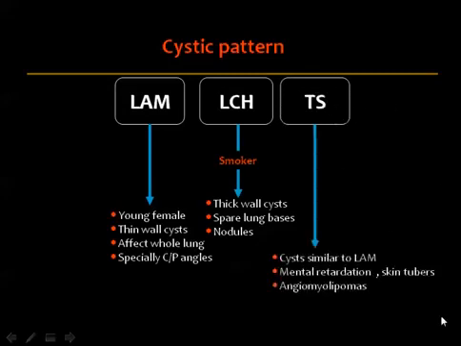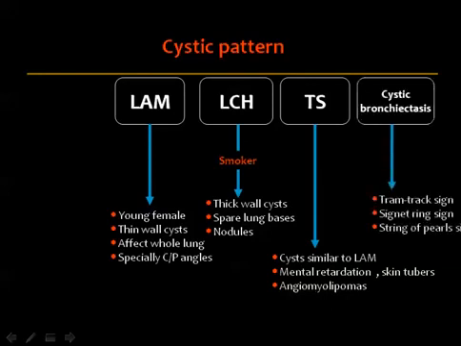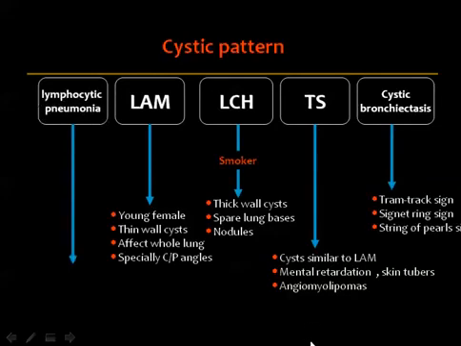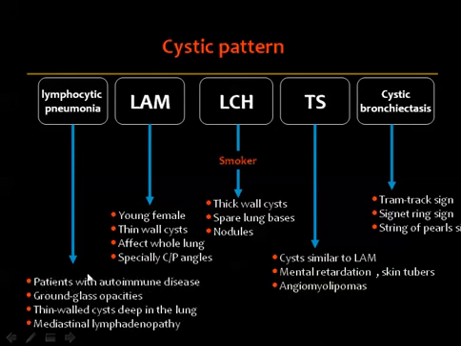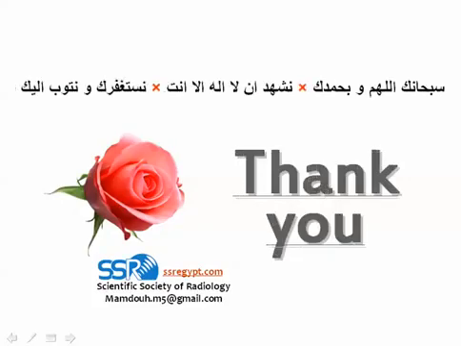Tuberous sclerosis has cysts similar to lymphangioleiomyomatosis; the patient has mental retardation, skin tumors, and angiomyolipomas in the kidneys or in the liver. Cystic bronchiectasis: the tram track sign, signet ring sign, and so on. Then lymphocytic interstitial pneumonia: the patient with autoimmune disease, especially Sjögren's, ground glass opacities, thin wall cysts, and sometimes mediastinal lymphadenopathy. Thank you very much.